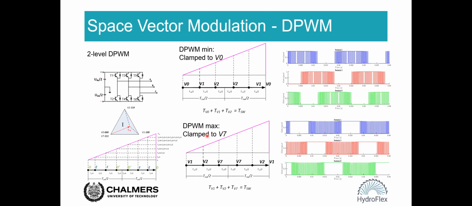On the right side are the switch signals generated from this. The upper one is for the discontinuous PWM min, and the lower one is for the discontinuous PWM max.